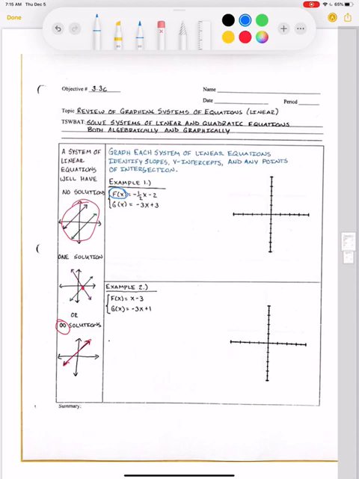For f of x, I see that my slope is negative 1/2, and my y-intercept is at the point 0, negative 2. So I'm going to start there at negative 2, and I'm going to use my slope of negative 1/2 to go down 1 and to the right 2. Okay, those are going to be my 2 points for f of x, and I will connect them with a line.